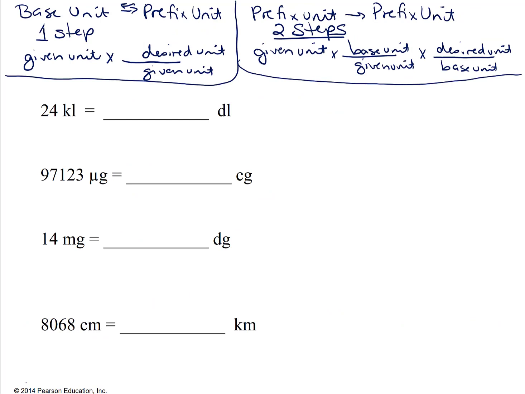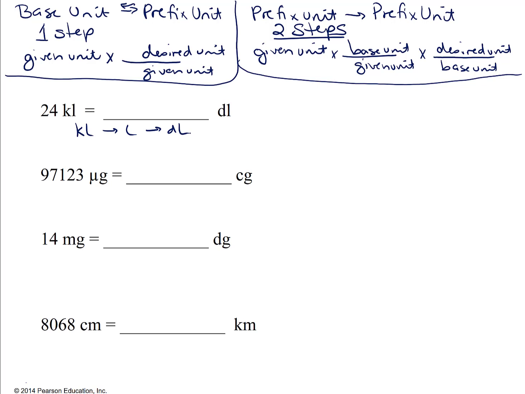So with this one, kiloliters to deciliters, kilo and deci, we've got to do 2 steps. We're going to go from kiloliters to liters and then liters to deciliters, going to the base unit in between each time.